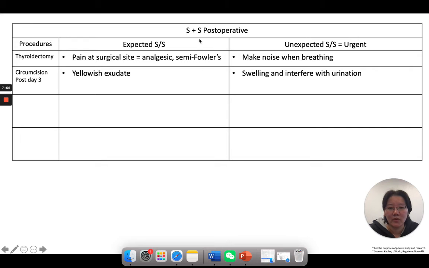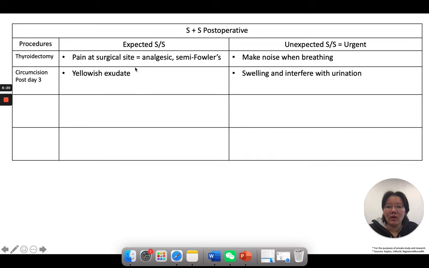An example of a post-operative surgery procedure is thyroidectomy. The patient complains of pain at the surgical site. We can give analgesics and semi-Fowler's position. Whereas an unexpected severe sign is making noise when breathing. That has to do with something wrong with the airway.